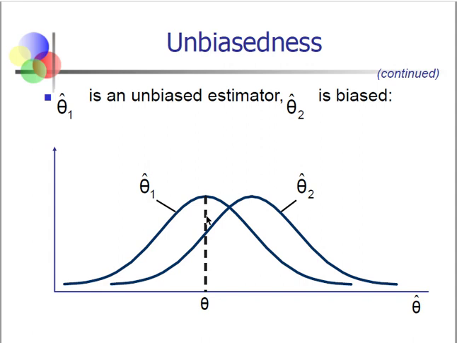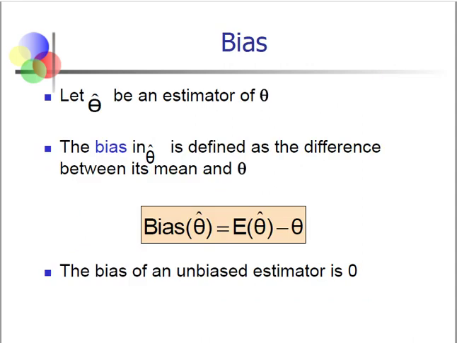Okay, so we need to know that if an estimator is unbiased, then it will be centered on the parameter. Okay, but for the estimator theta 2, we see that it is not centered there. Its mean is not the population parameter, therefore it is biased. But theta 1 has a mean, or expected value, that is the parameter itself.